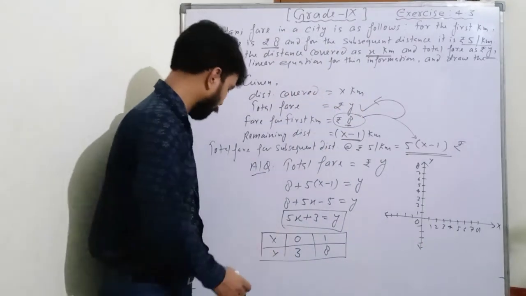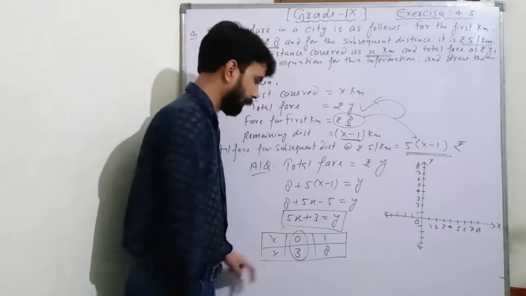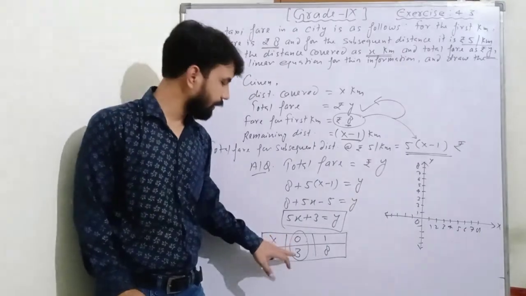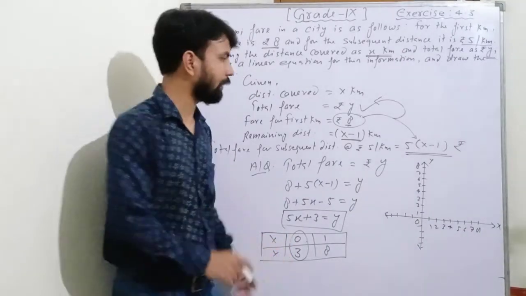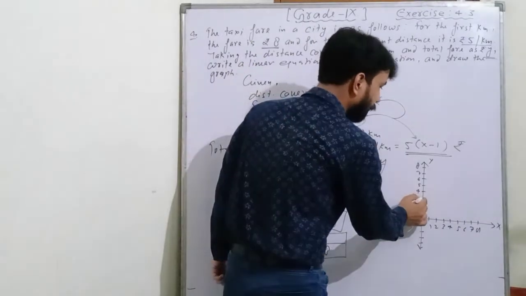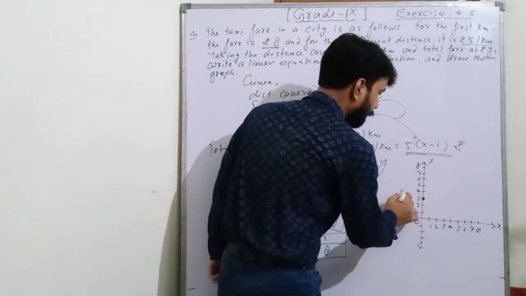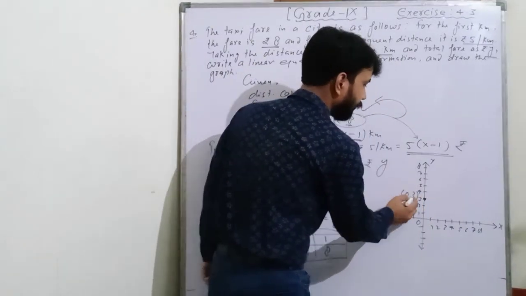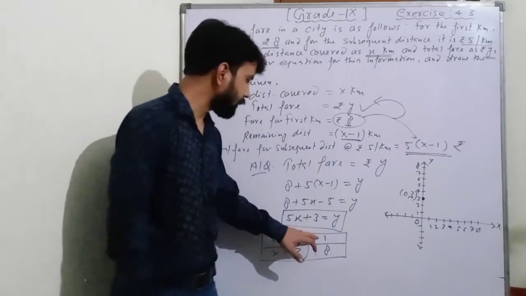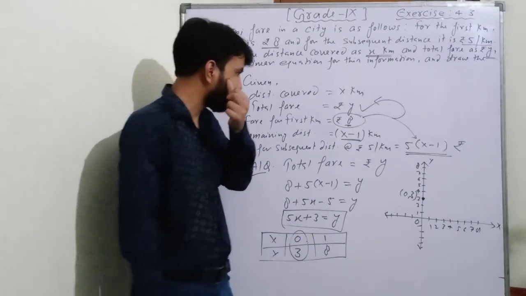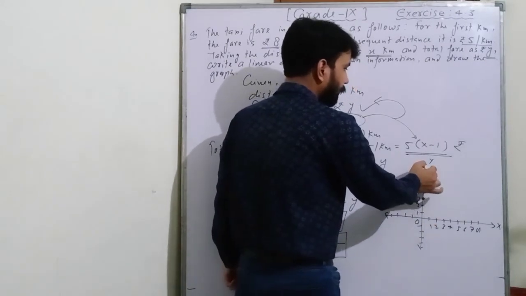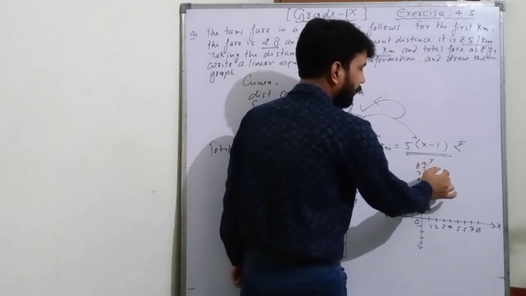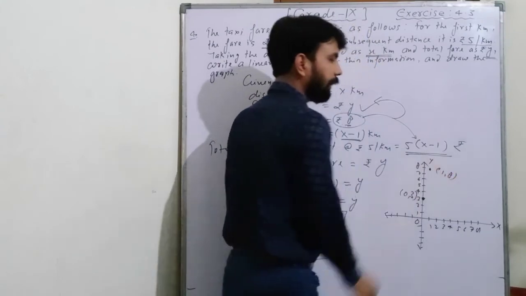Now the very first point is x0, y3. Here x is 0, y is 3. That means this point will lie on y-axis. x0, y3 will be here. This point is 0, 3. Second point is x1, y8. x1 is here and y8 is here. So this point will be x1 and y8.